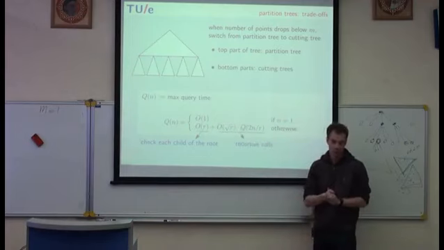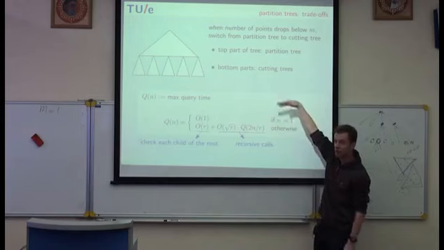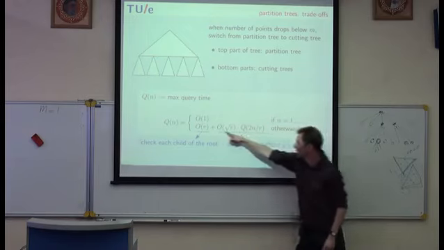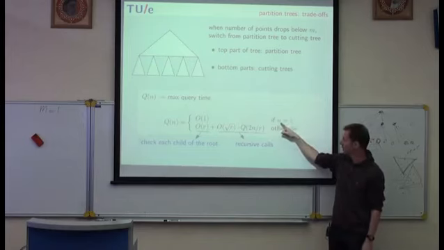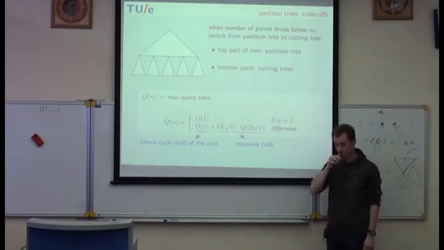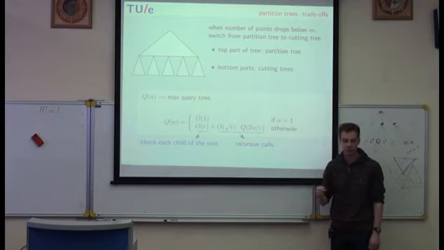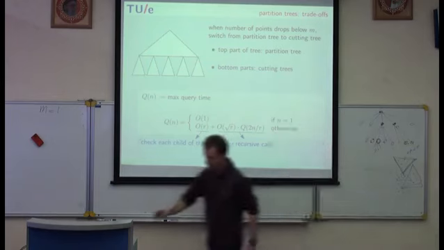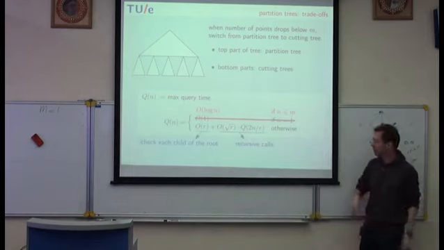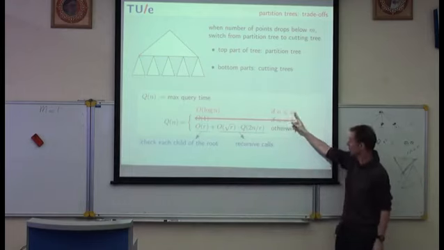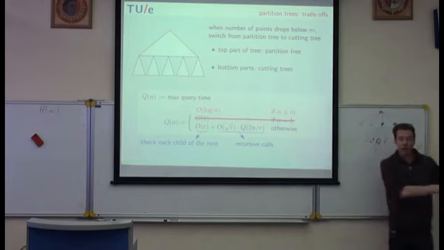Now, at the top level I still have this recurrence. But when n equals m, I have a cutting tree, and what's the query time? Log n. So essentially the base case of my recurrence is that when n is at most m, I don't do my recursion anymore, but I say, okay, now I have a cutting tree.